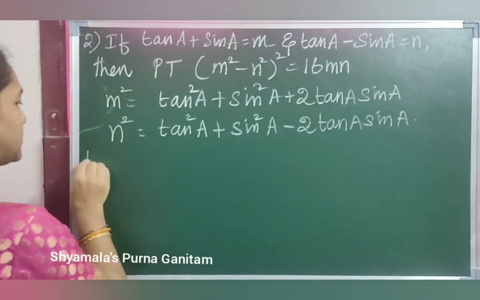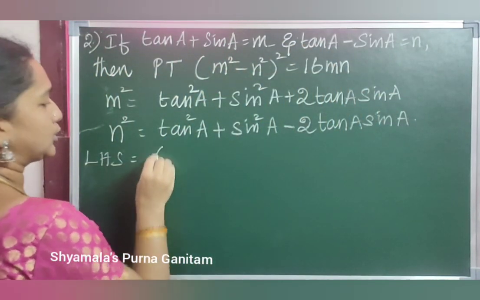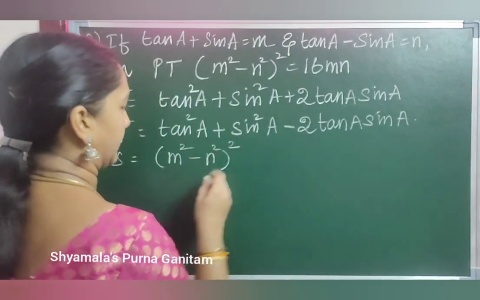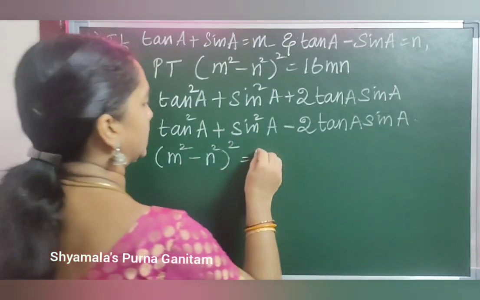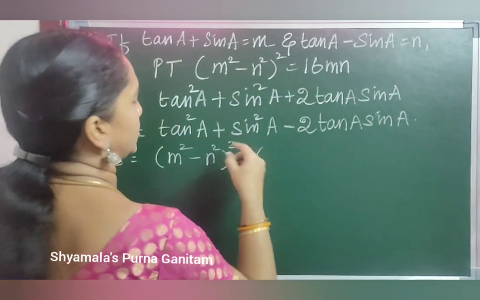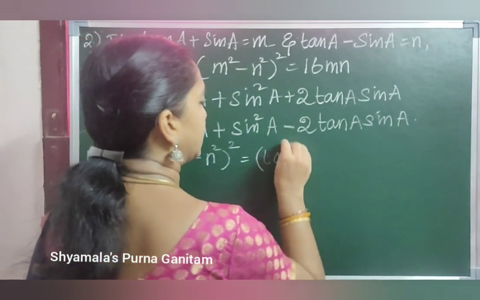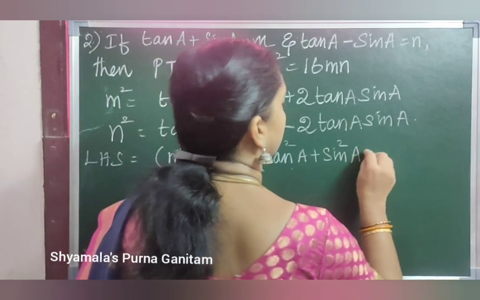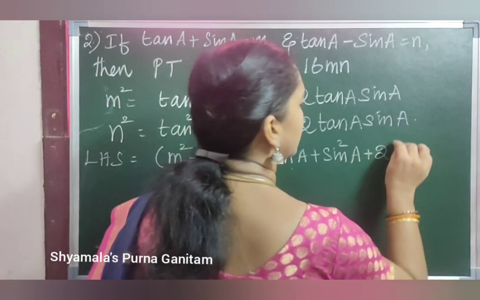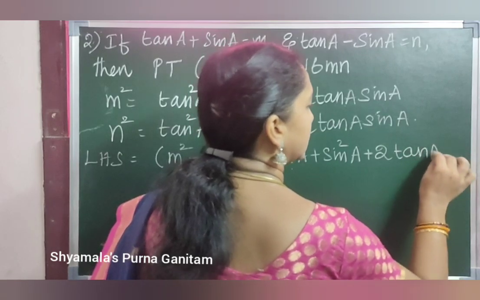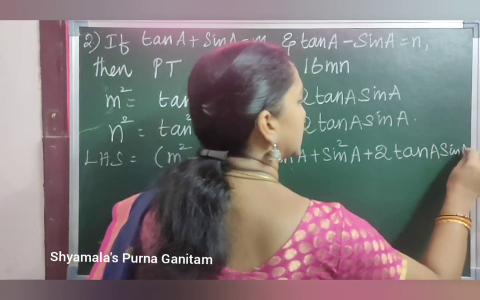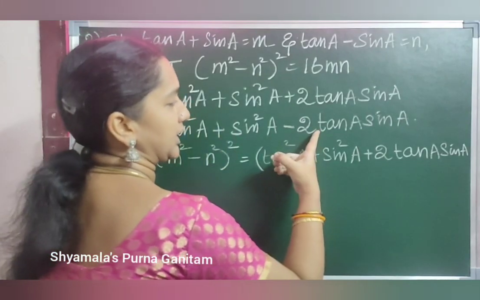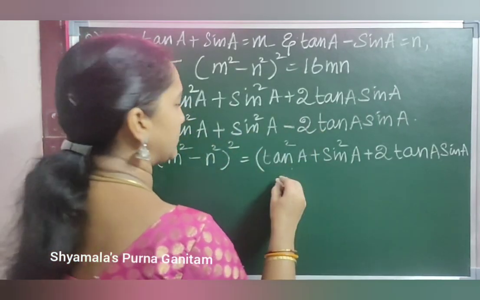So this I will substitute in the LHS. So the LHS is m squared minus n squared the whole square. So when I substitute this, the m squared value is tan squared A plus sin squared A plus 2 tan A sin A. Then minus n squared, so I will multiply all these three terms with minus.